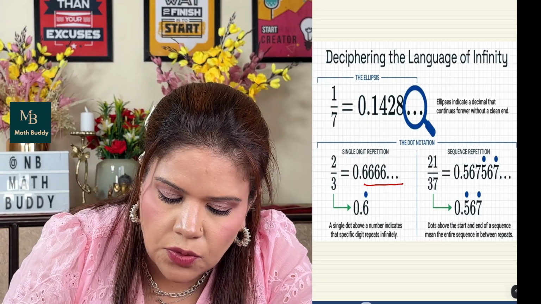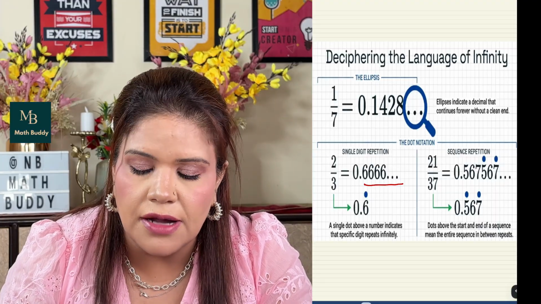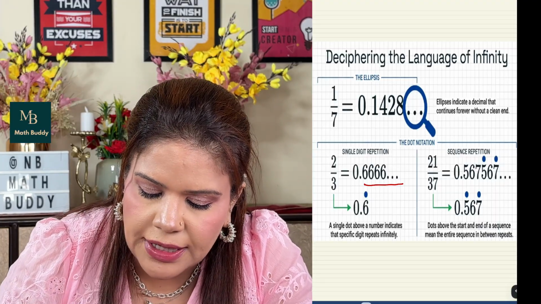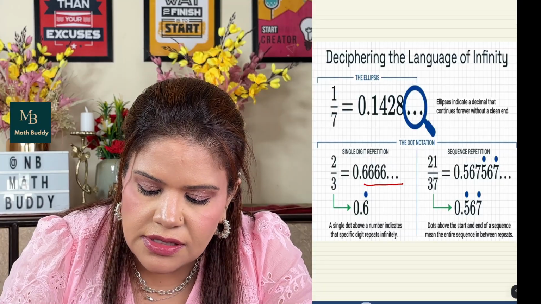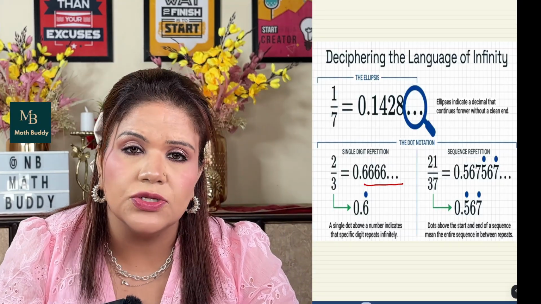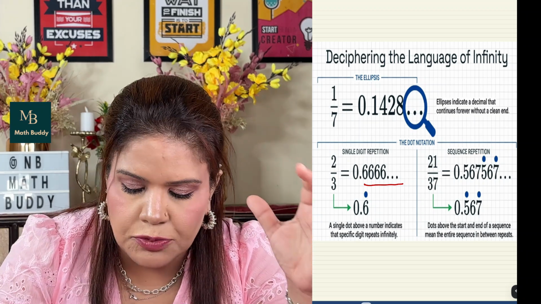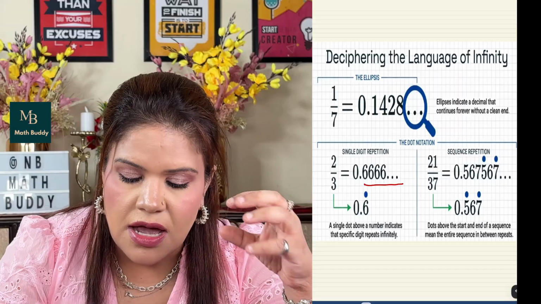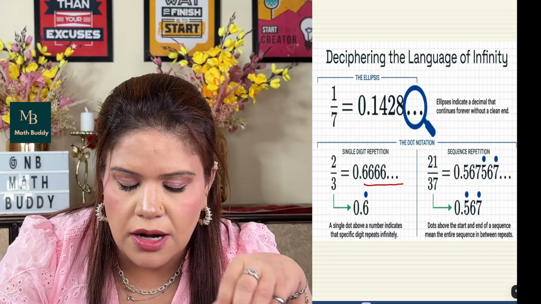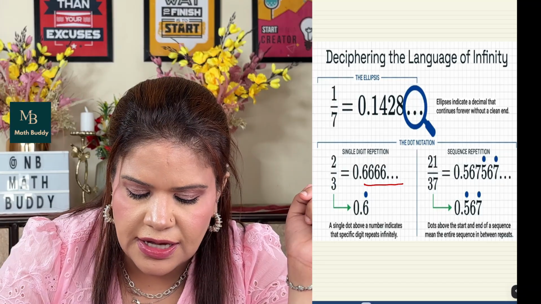If I do 2 by 3, then 6 is going to be repeated an infinite number of times. If I am doing 21 by 37, then these numbers 5, 6, 7, 5, 6, 7, 5, 6, 7 are going to get repeated. But maths has captured these numbers on a piece of paper by marking a dot over these numbers.